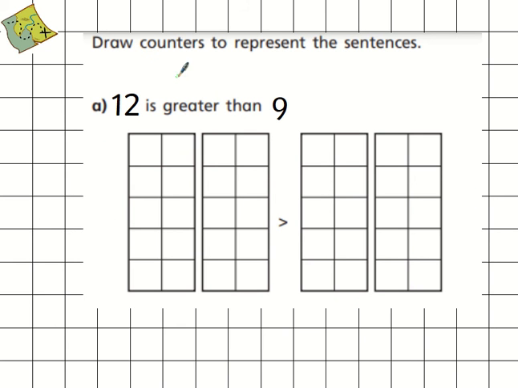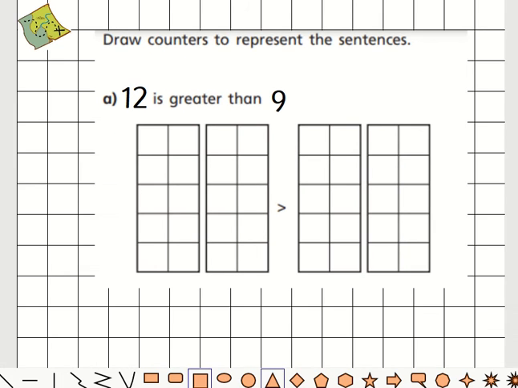So quickly moving on, it says draw counters to represent the equation. So 12 is greater than 9. My symbol is facing this way, so I know that my biggest number needs to be represented here. So I know I'm going to need 12 counters. So I've got 1, 2, 3, 4, 5, 6, 7, 8, 9, 10.